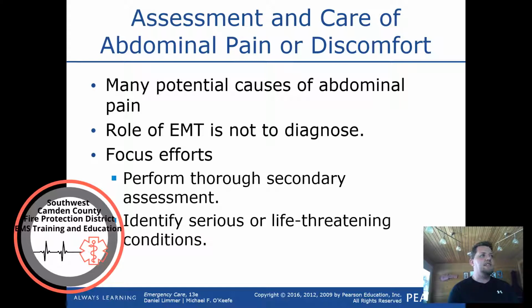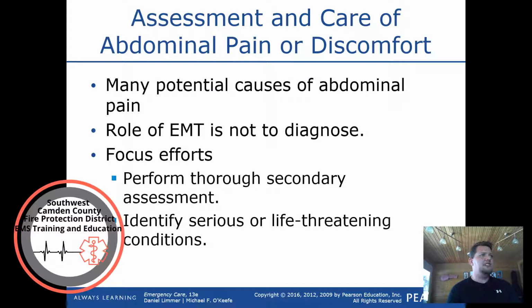Something that I always ask a patient in my secondary assessment is, I'm a hick, I come from the country, and I ask them, do you have all your innards? And they'll tell me whether or not they have their gallbladder, their appendix, if they've had a hysterectomy if they're female, or if they've had part of their colon replaced, something like that.